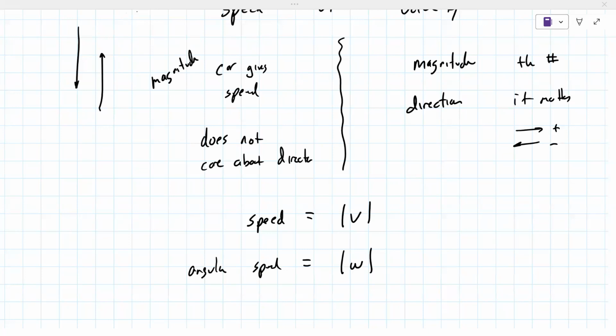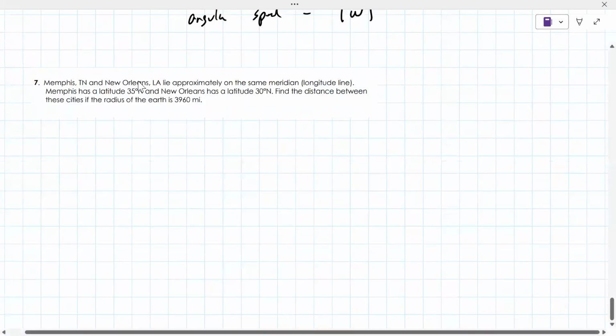Navigation. Maybe these are navigation problems. Wait, this one has one. Okay, I found one, and one of the ones I sent you has one of these problems. I guess we can do this.